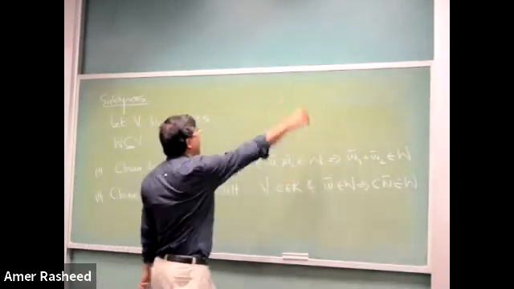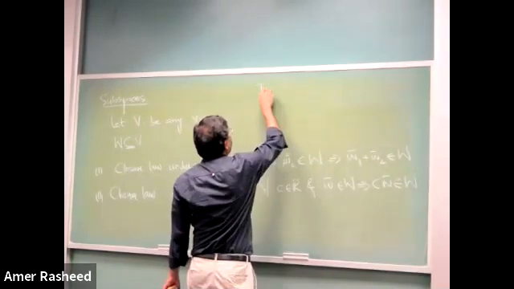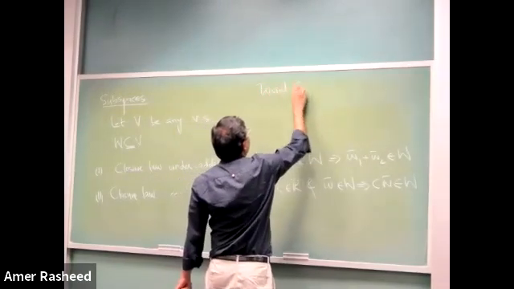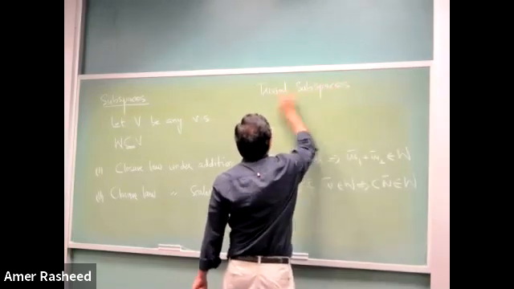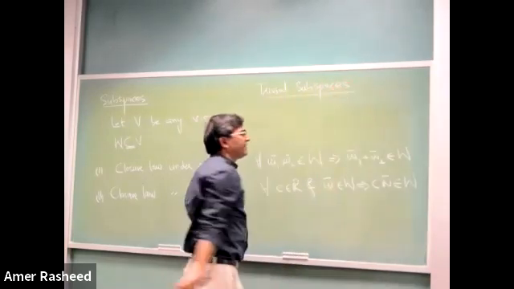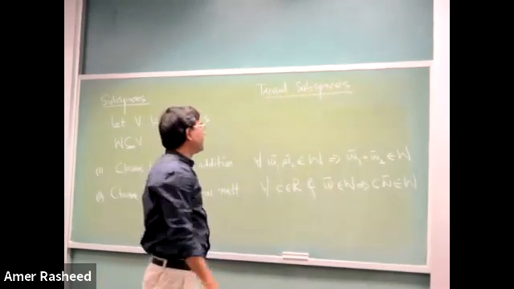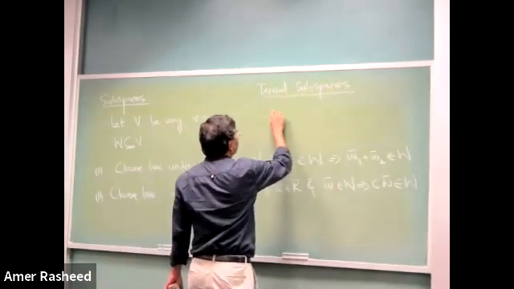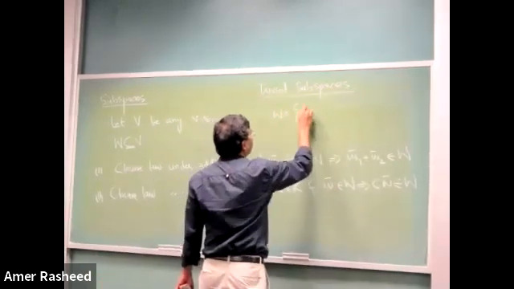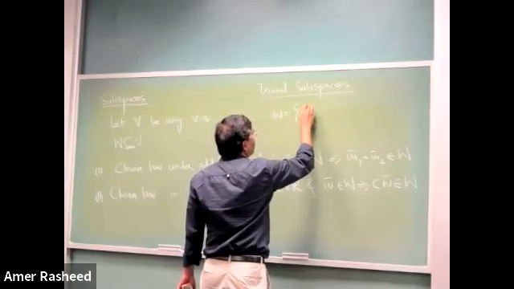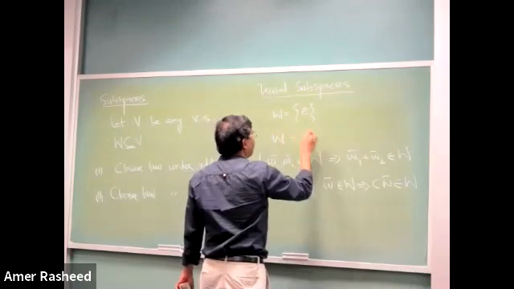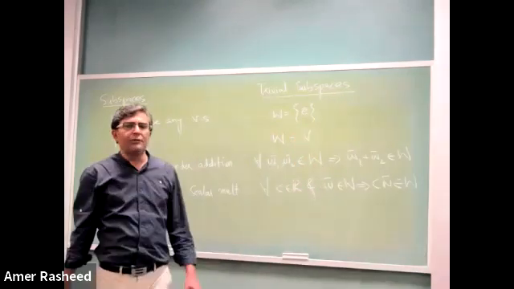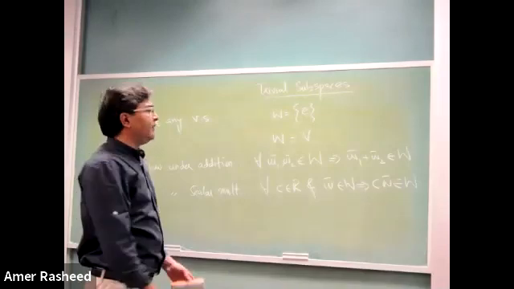Trivial subspaces are subspaces that will always exist for any vector space. W, which contains only the identity element of the vector space, and W equal to V itself.